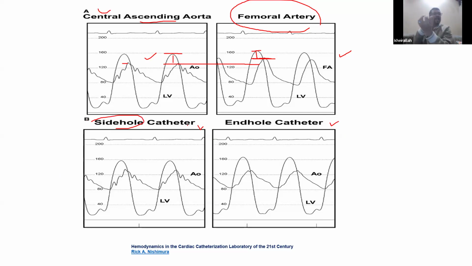But with the end hole you might get stuck to the wall, drifting here and there against the wall or against a leaflet. So damping of pressure, false estimation of the pressure. So we use the side hole catheter. So from here we know that for aortic stenosis in particular we have to use a central aortic catheter, not a femoral catheter, and we use a side hole, not an end hole catheter.